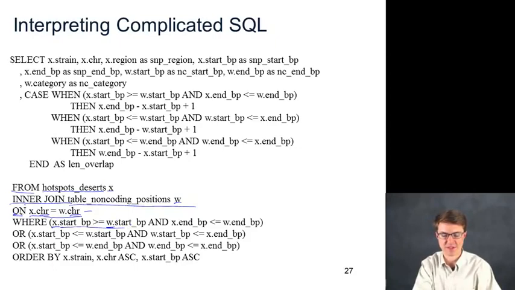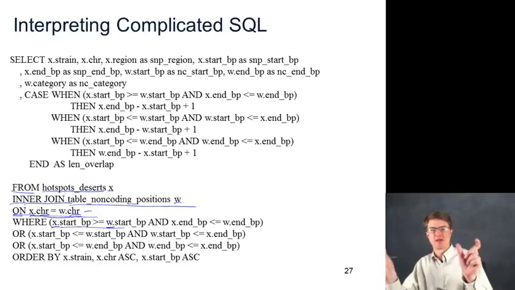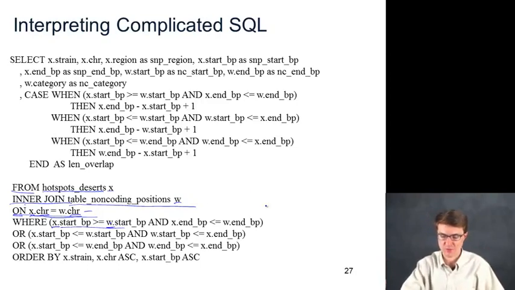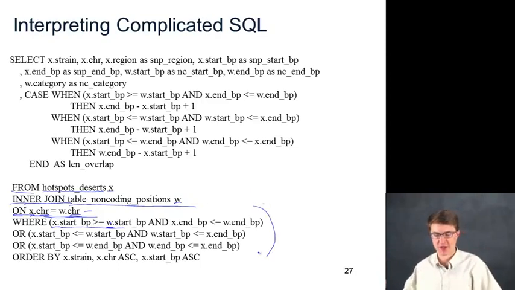Even though this one was explicitly listed as an inner join on this particular condition, any condition involving attributes from both tables is a join condition. And so this whole thing is actually one complicated join condition.